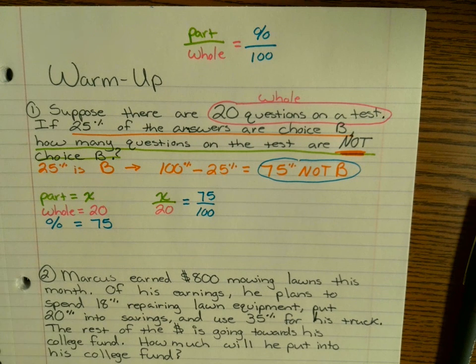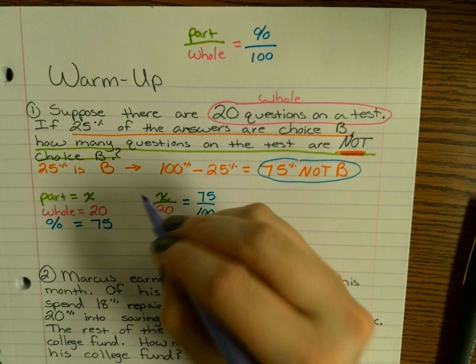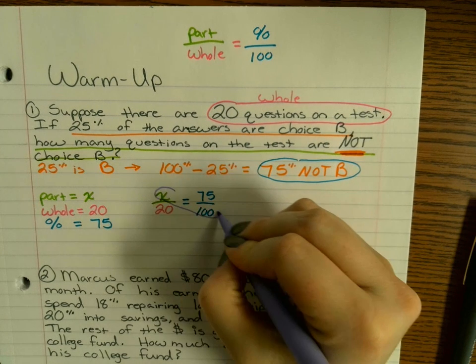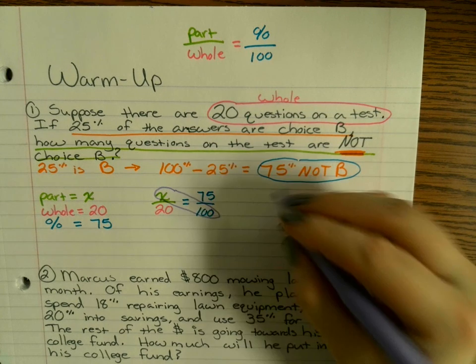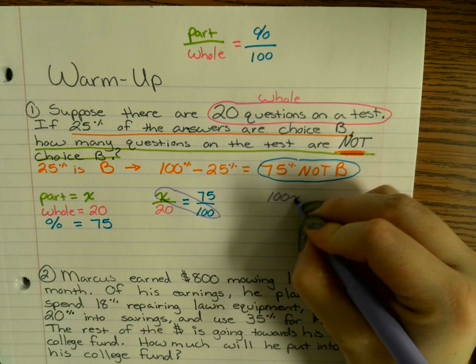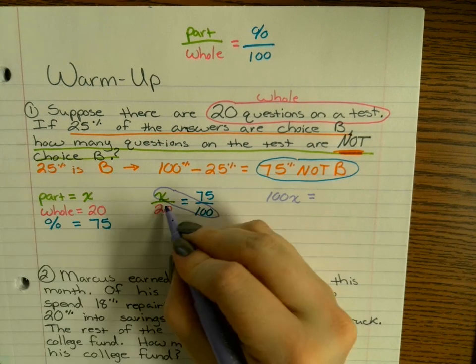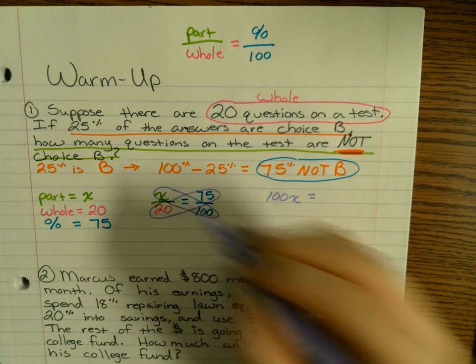Then from there, we can do the cross product like we learned how to do last semester to solve proportions. We're just going to go ahead and multiply the diagonals. So we're going to multiply x times 100. That's going to give us 100x. Then we're going to multiply 20 times 75, and that's going to give us 1,500.